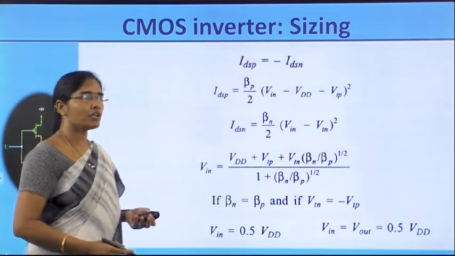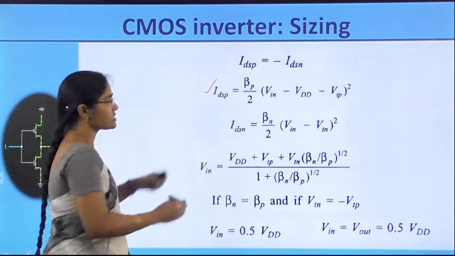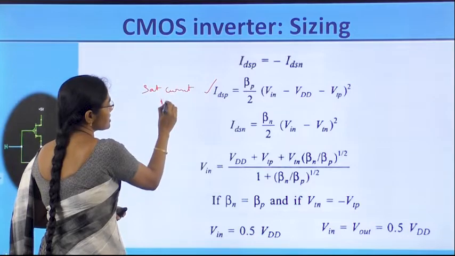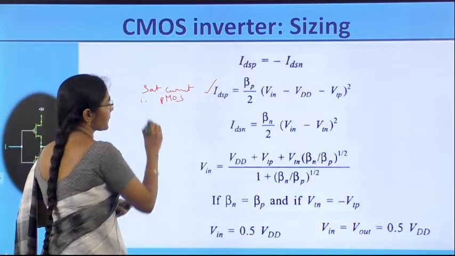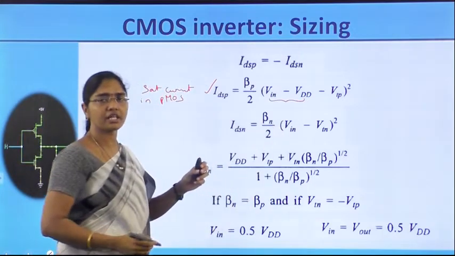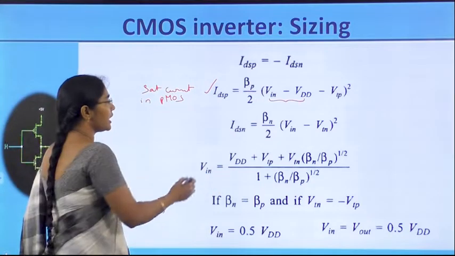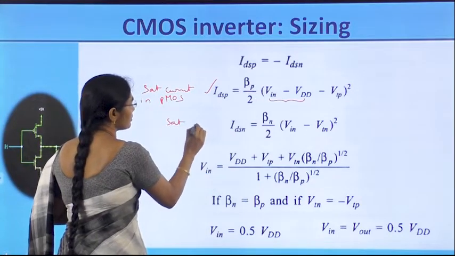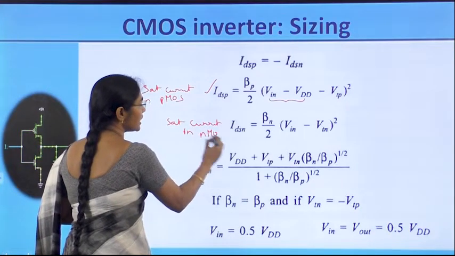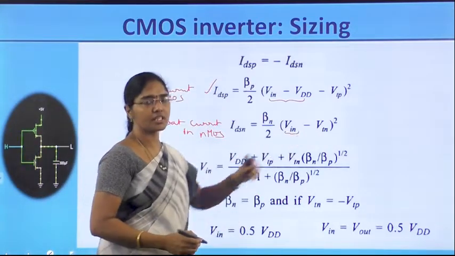Now, taking the saturating current of the PMOS transistor, that is beta P by 2 into VGS, where VGS is equal to Vin minus VDD, which we have seen already, minus VTP whole square, and the saturating current of the NMOS transistor is equal to beta N by 2 into VGS, where VGS is Vin here, minus VTN whole square.